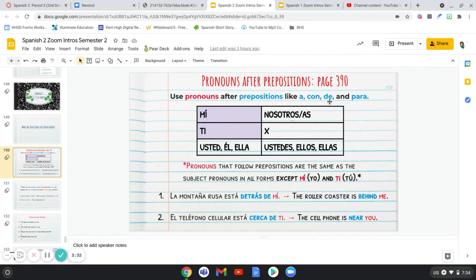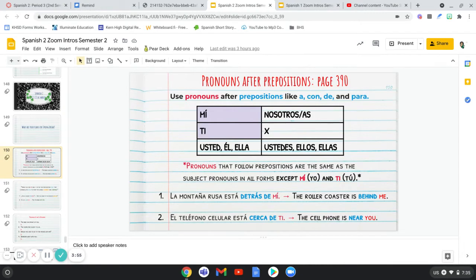The word de, which we knew specifically from prepositional phrases, just means from, but it can be used on its own or in a prepositional phrase. And then the word para, which is for. Like yo necesito mi computadora para la escuela, I need my computer for school.